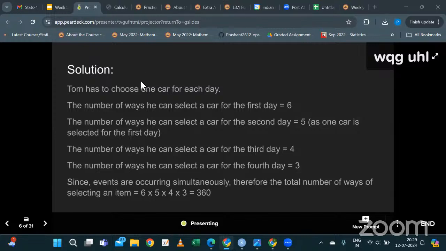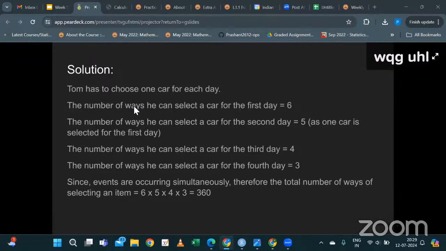See, you are saying one car for the next 2 days, continuously. That means you have to think about the other 2 days. So if you are fixing only one car, then for the third day you will be having only 5 options, right?